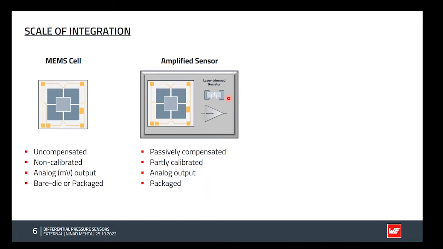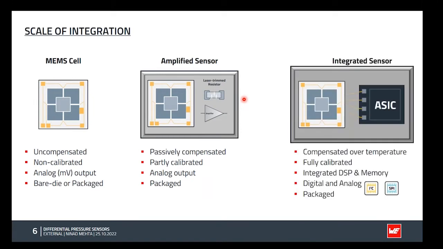So usually these are both calibrated and compensated, but in applications where a dynamic temperature is being used, or there is a big difference in temperature, then this sensor might not have an accurate output at all temperatures, because the passive compensation has a very narrow temperature window.